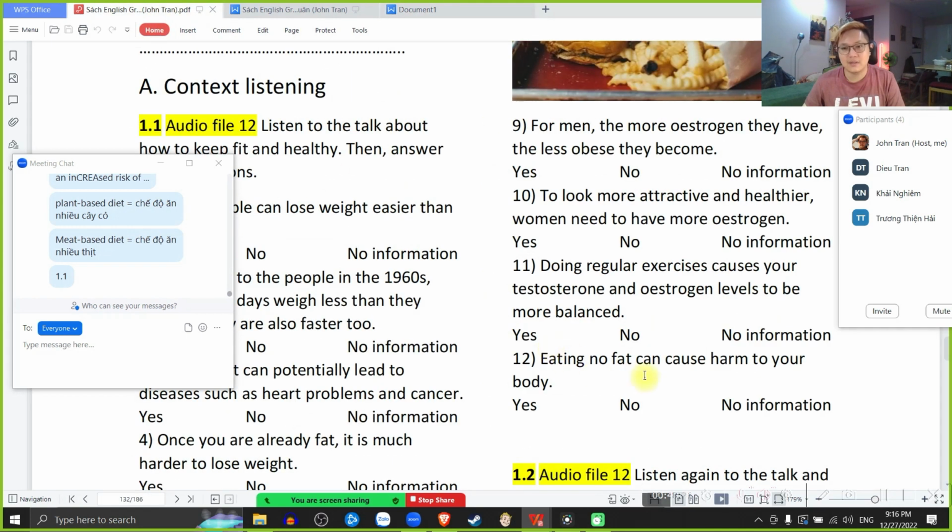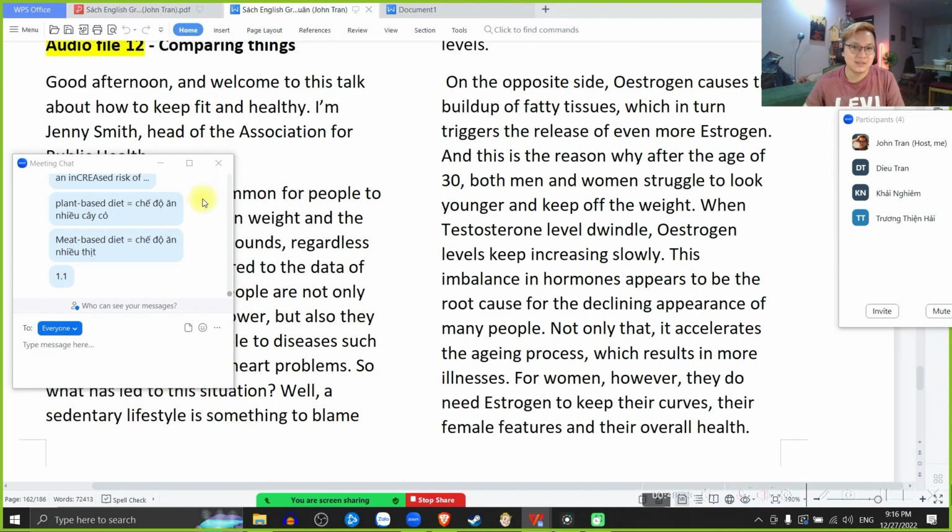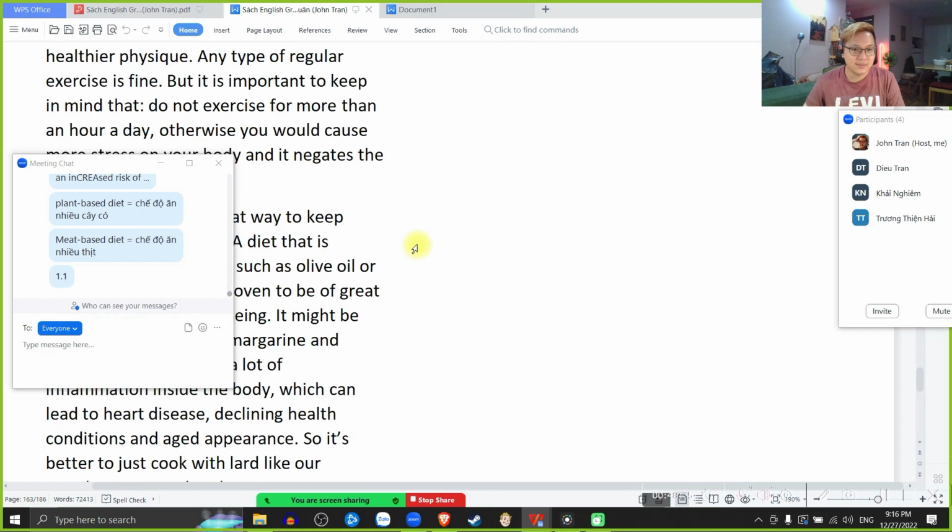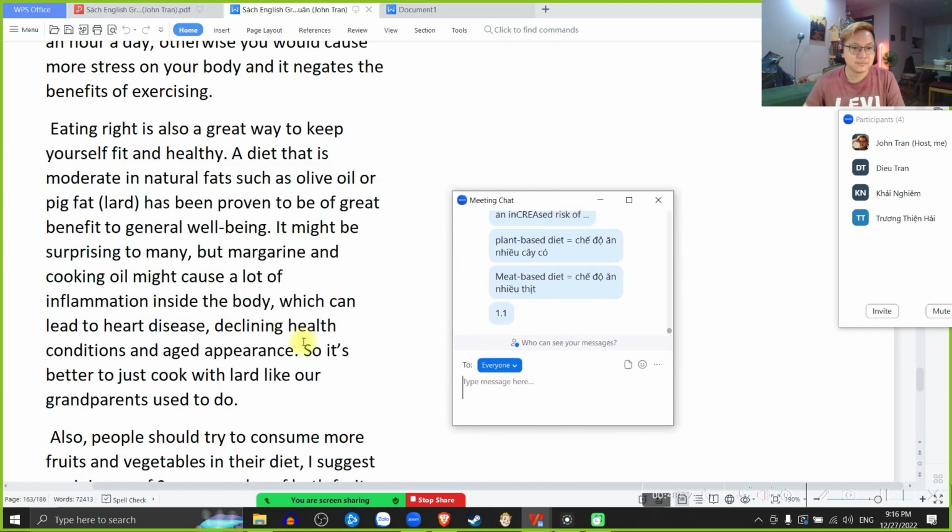Eating no fat can cause harm to your body. Ăn không chất béo có thể gây ra cái hại với cơ thể các bạn. Why is no information? Tại sao là no information? Here they said something. What did they say? Nó có nói về vụ mà ăn những cái natural fat, right?